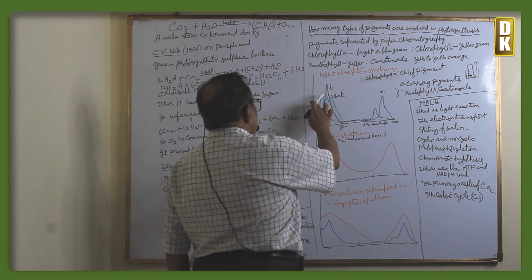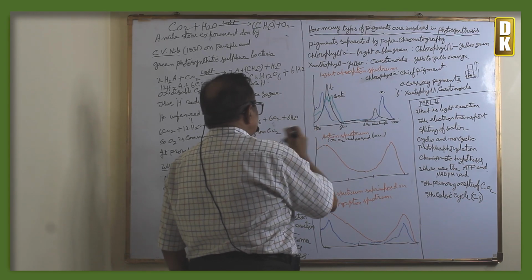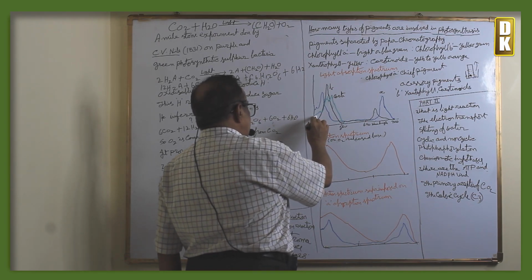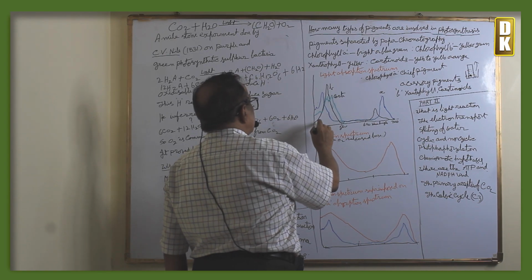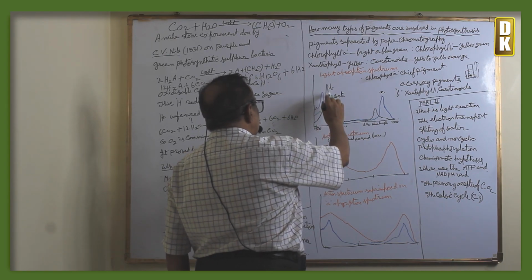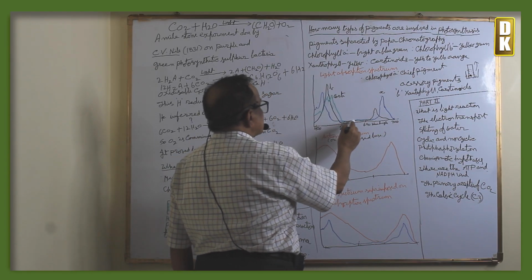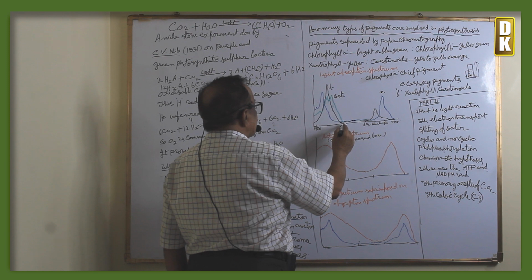So in the starting, at 380, absorption will be more by chlorophyll A, next by the carotenoids, next by chlorophyll A. But maximum absorption will be done by chlorophyll B. And next, in the region between 500 up to 640, where the red light will start, chlorophyll A and B will take less light.